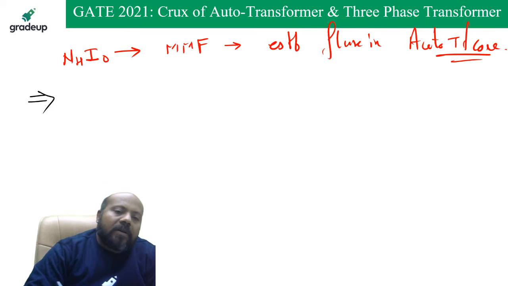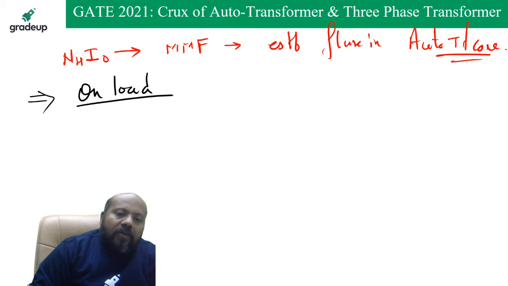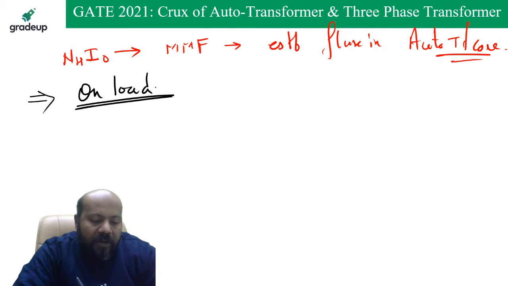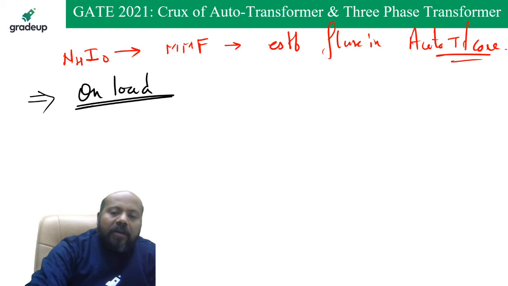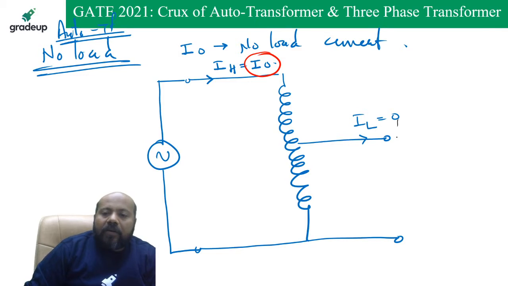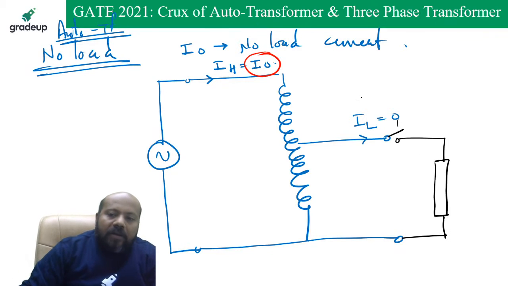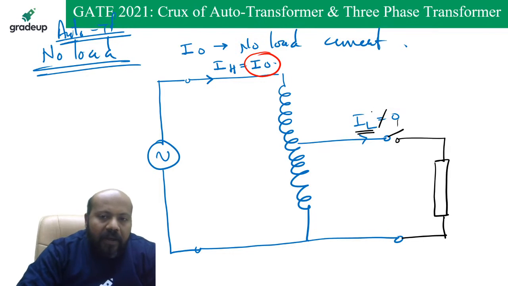Anyways, let us focus. Now suppose you are putting the transformer on load. What is going to happen? You tell me. The moment you connect any load to the secondary side or the low voltage side, some current is going to flow. IL is not going to be 0.